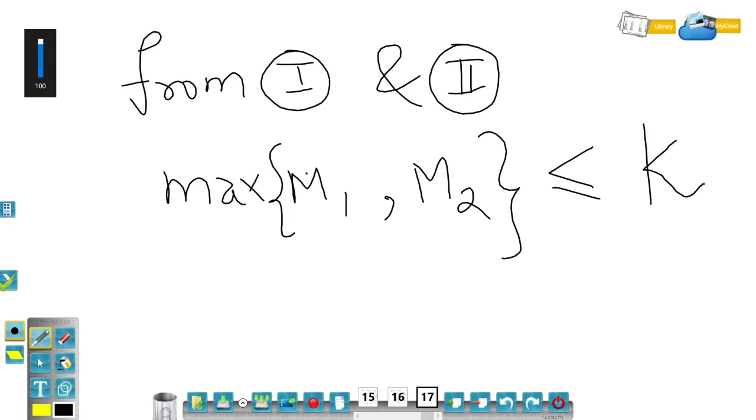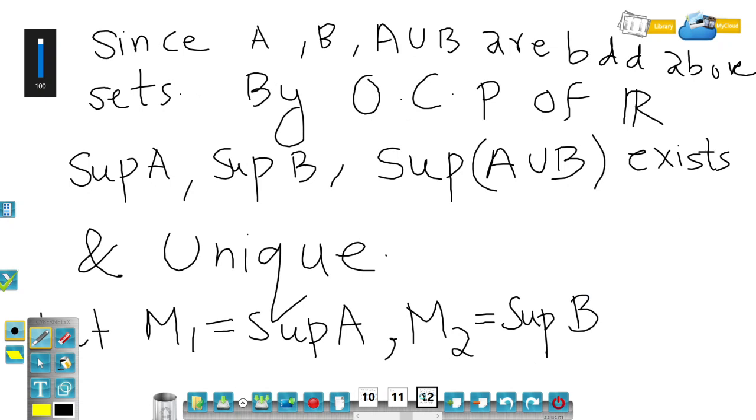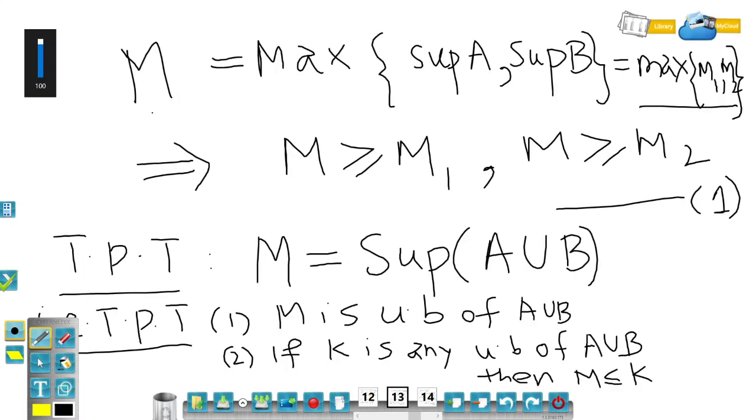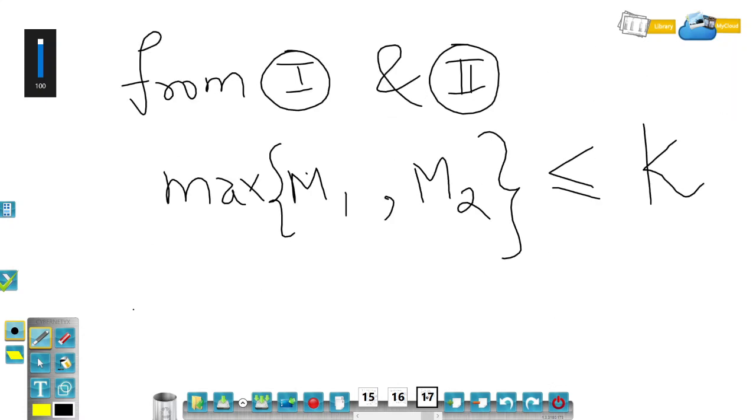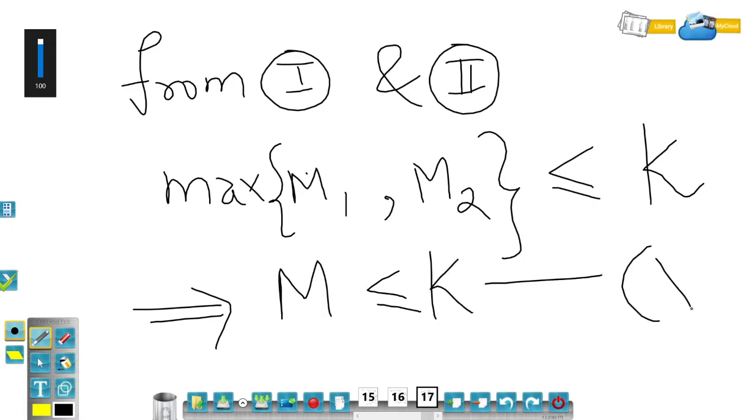This maximum will be either m1 or m2. We have said that m is the maximum of m1 comma m2. So this would imply m is less than or equal to k. Let me call it double star.